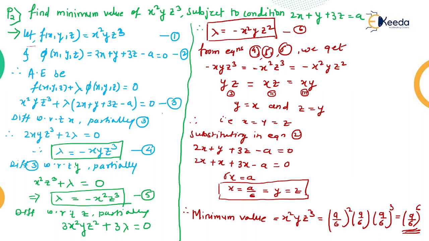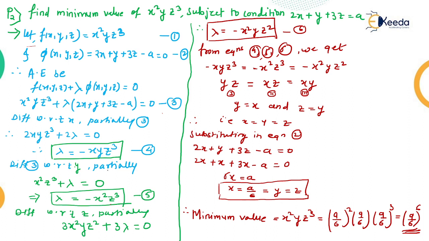After differentiating with respect to x, we get the undetermined multiplier lambda is equal to minus xyz cube.